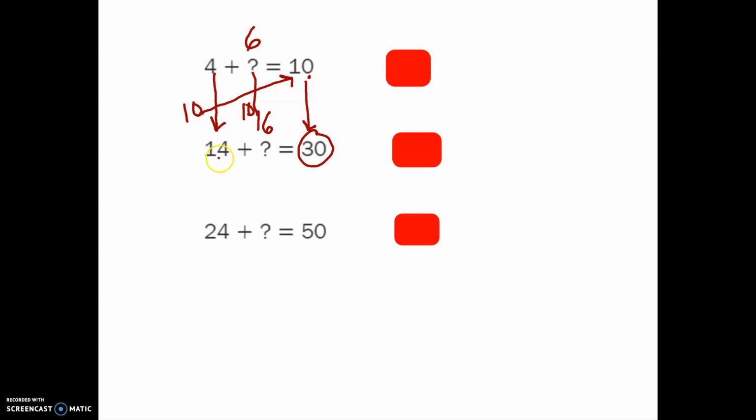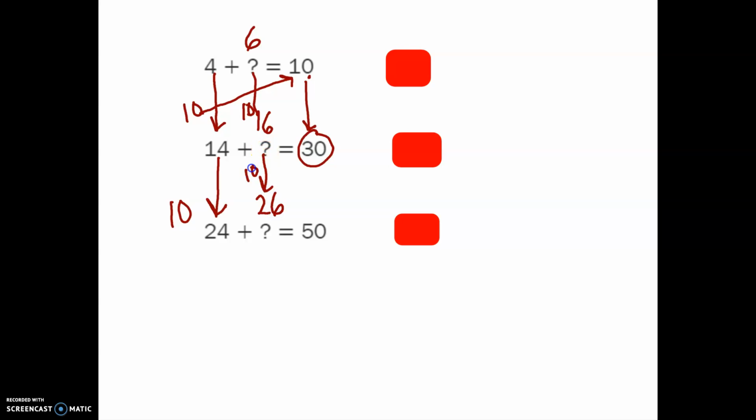So I'm going to go with, how far did I go from 14 to 24? That's 10. Okay, and I need this to be 50. So 10 plus 30 is only 40. So I need to add 10 more to that 16 and make it be 26.